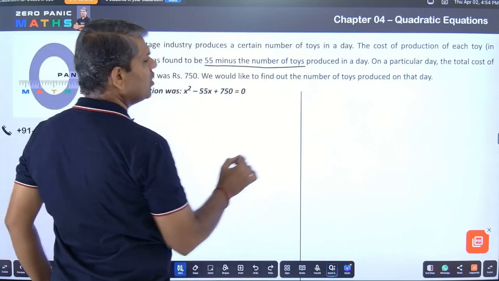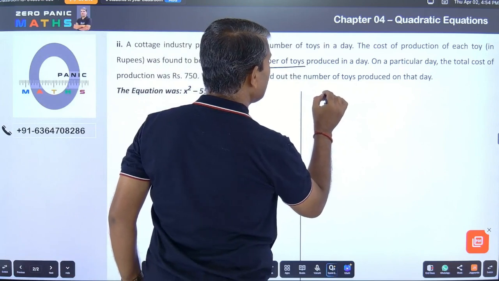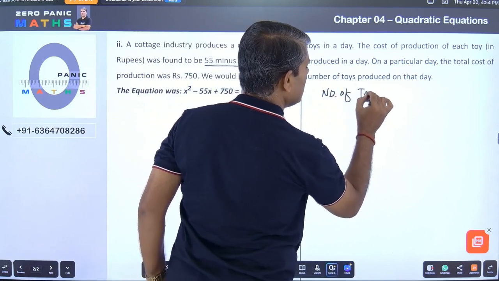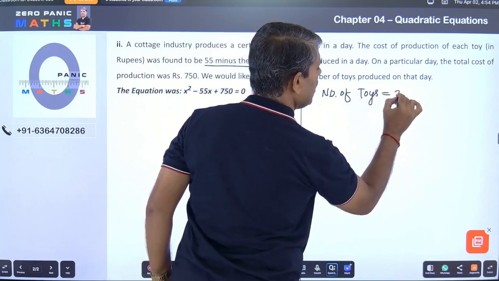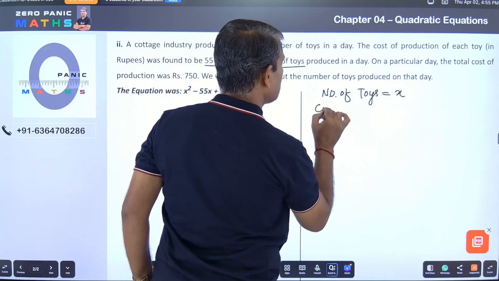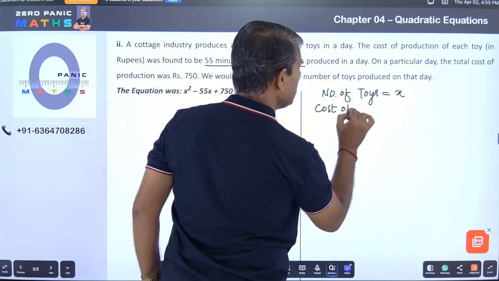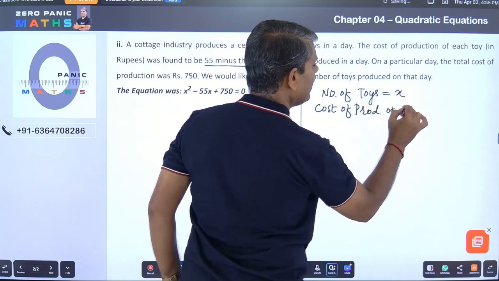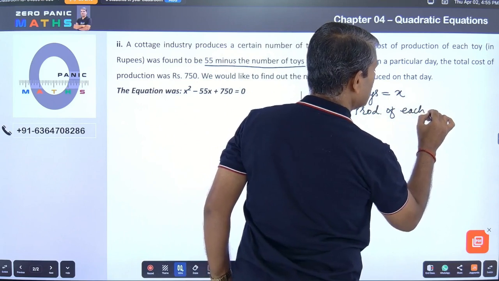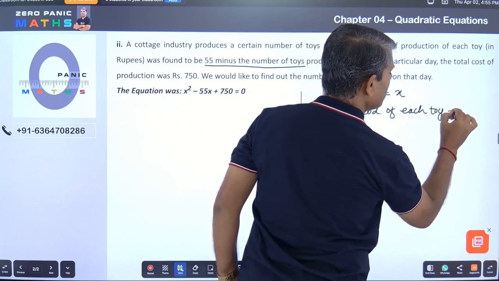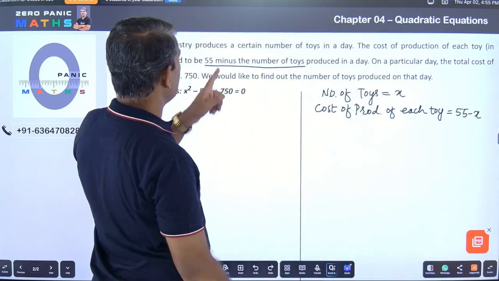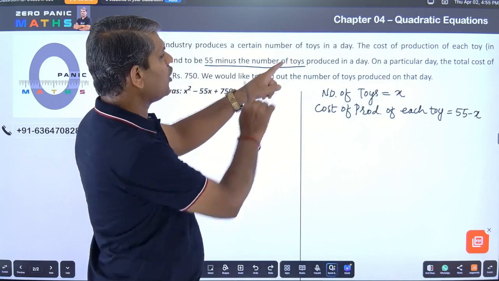So we said that number of toys is equal to x, and cost of production of each toy was 55 minus x, because that is what they told us: 55 minus the number of toys produced.